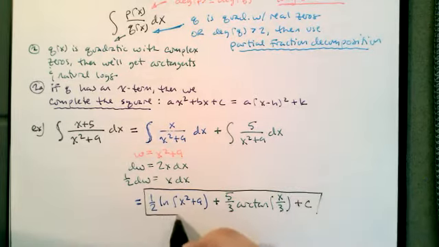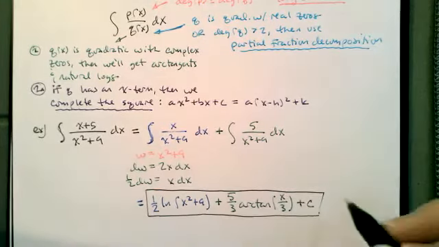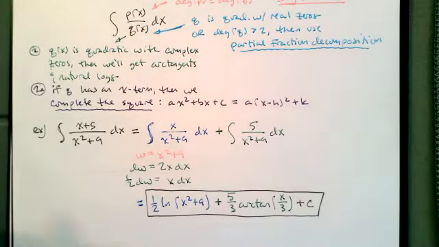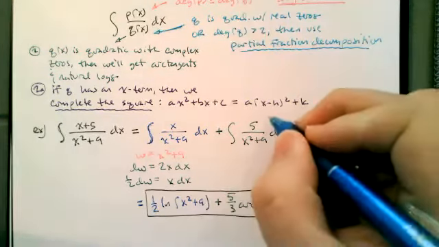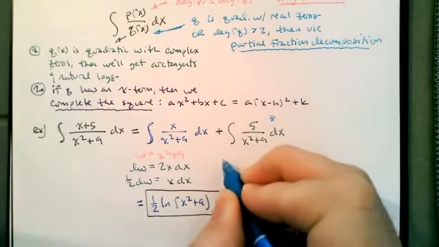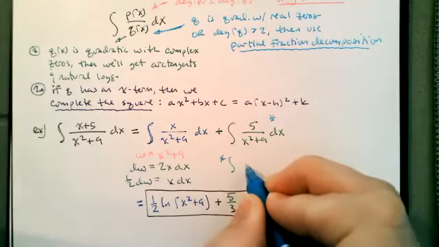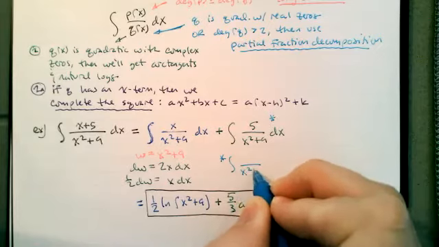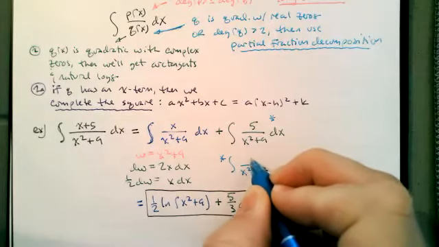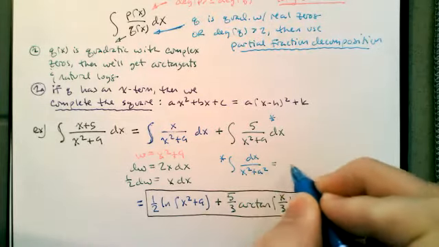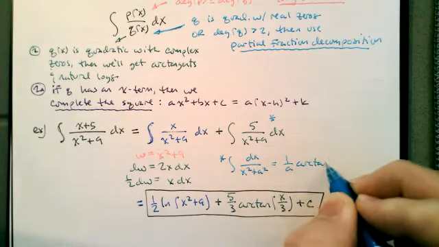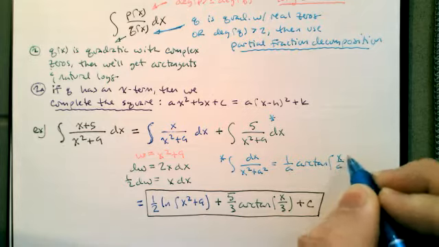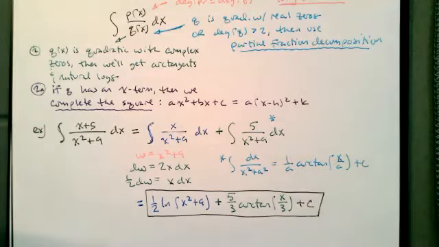So what we're using in the second term is we're just remembering that the integral of 1 over x squared plus a squared is 1 over a arctangent of x over a plus c.